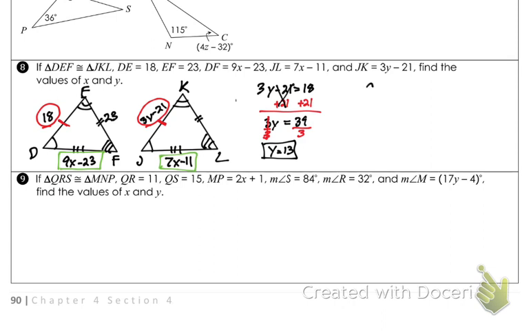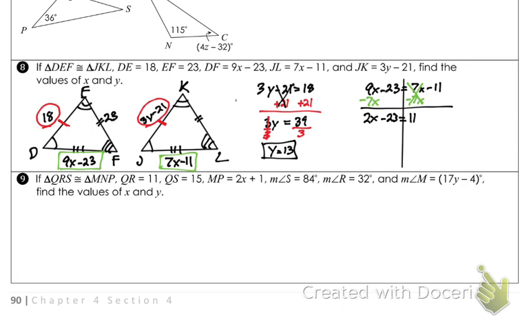So we're going to go ahead and write 9x minus 23 equals 7x minus 11. For this one, I might draw my line on. I'm going to move the 7x, which means I'm going to subtract 7x because I need all the x's on one side. 9x minus 7x is going to give me 2x minus 23 equals 11.